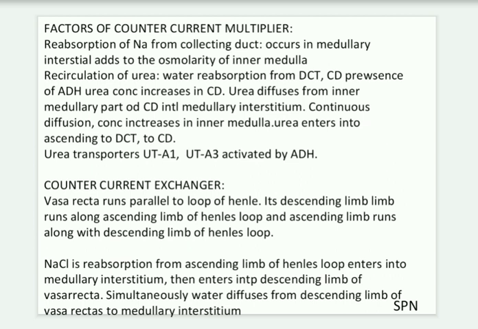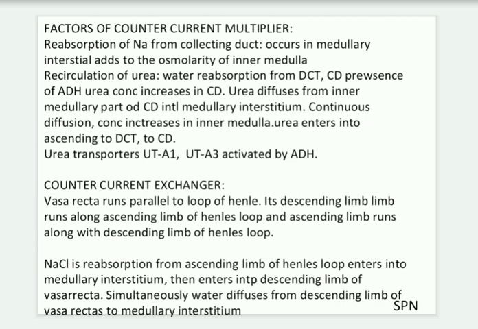So urea diffuses from the inner medullary part of the CD to the interstitium, and with continuous diffusion there will be a greater concentration in the inner medulla. So it leads to hyperosmolarity of the interstitium in the inner medulla.